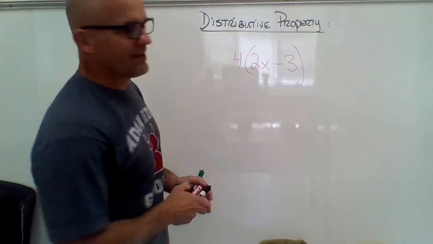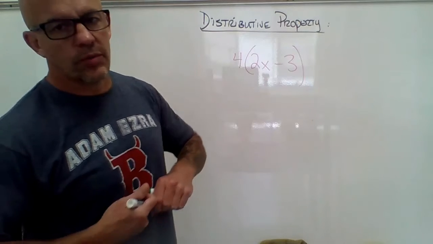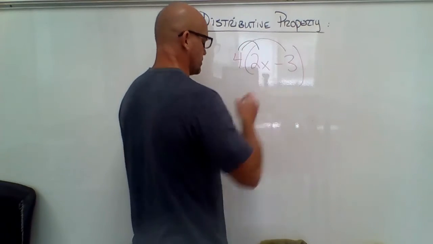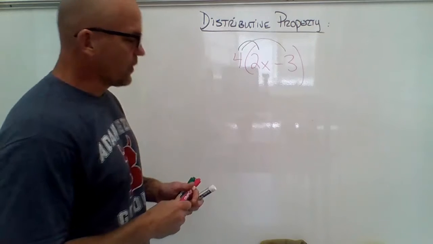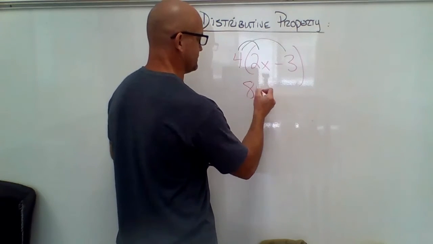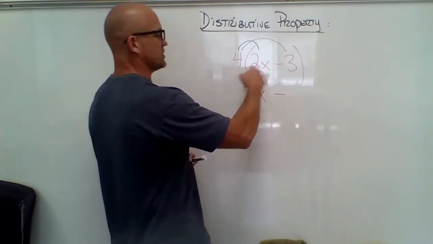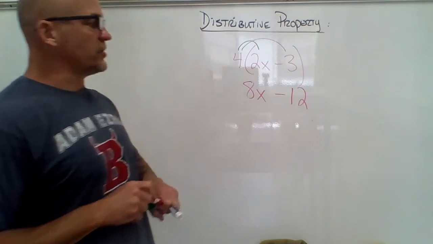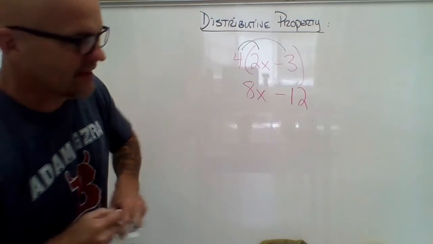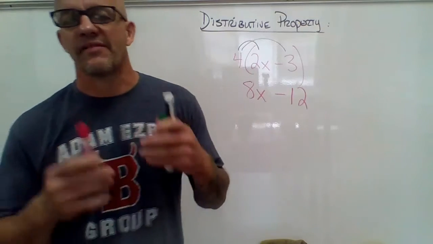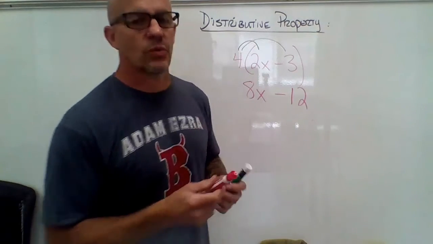So, no fear, I've got my little buddy the rule breaker. I'm going to distribute that 4 in there. 4 times 2x is 8x, and then minus 4 times 3 is 12. Now I have a more simplified version of what I had before. I still can't combine the 8x and 12 because I don't know what the x is, but I've gotten rid of the grouping and I have a much simpler expression to work with.